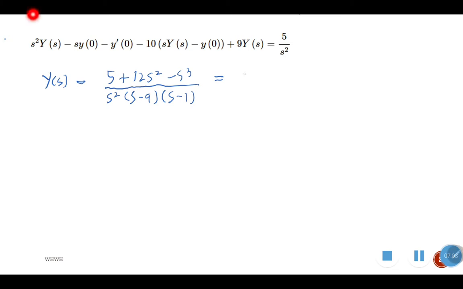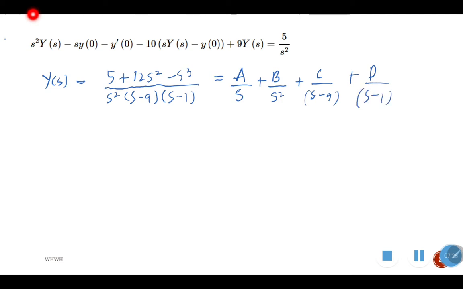Same step as what we did before. We break it apart so we can easily find the inverse of the Laplace transform. So we have a over s plus b over s squared plus c over s minus 9 plus d over s minus 1.